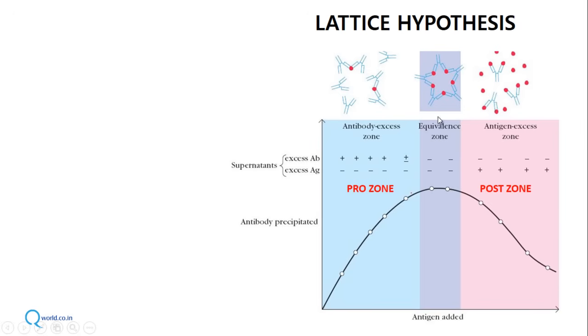And we have a zone of equivalence where antigen and antibody concentrations are almost equal in proportion. The zone of antibody excess is known as the Prozone phenomenon, and the zone of antigen excess is known as the Postzone phenomenon. And we see maximum precipitation reaction happening in the zone of equivalence.